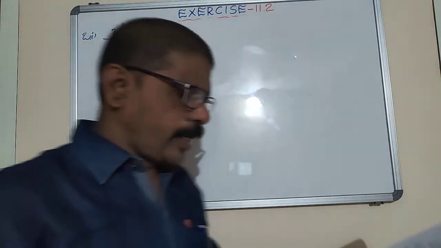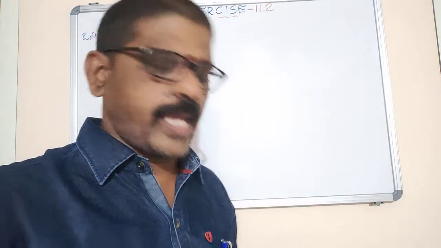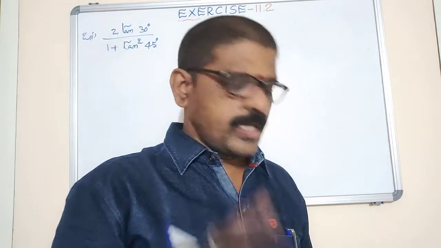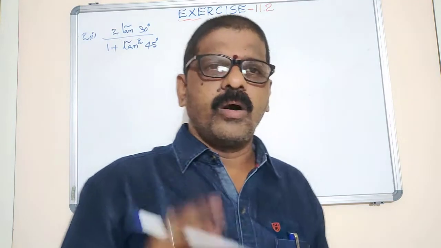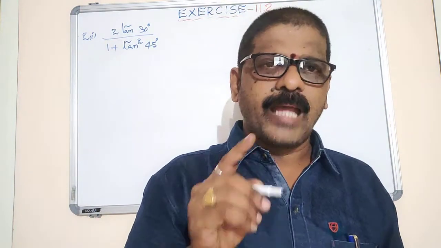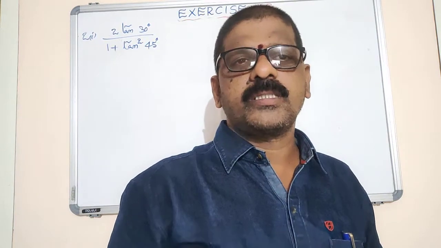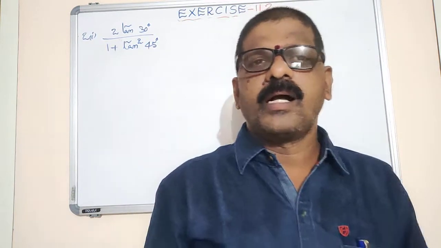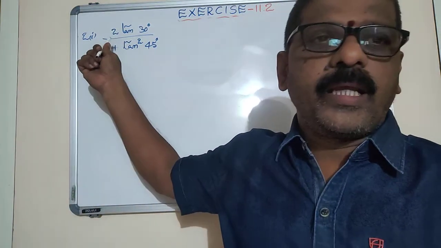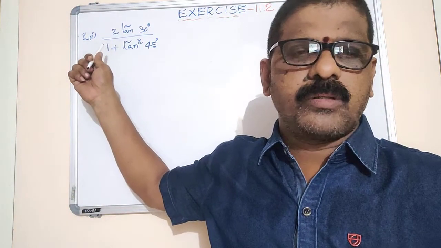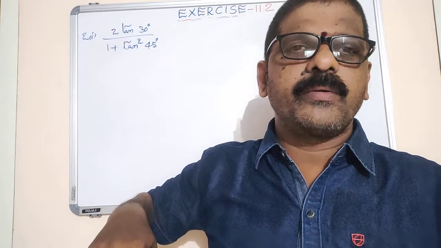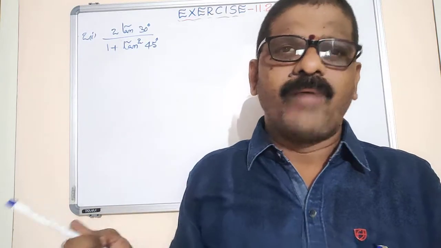The options are: option A sin 60, option B cos 60, option C tan 30 degrees, option D sin 30 degrees. Okay, which is the correct answer? Why? Because we have to simplify, it will be numerical values. Clear? But options are given to be trigonometric values.